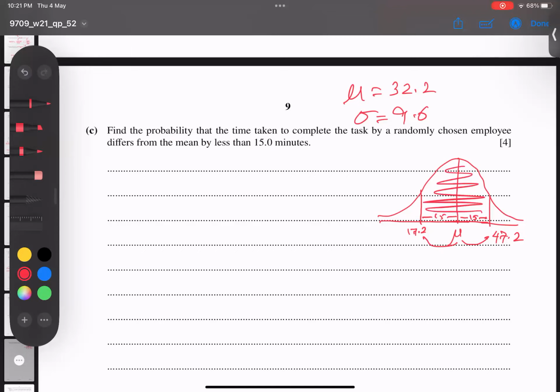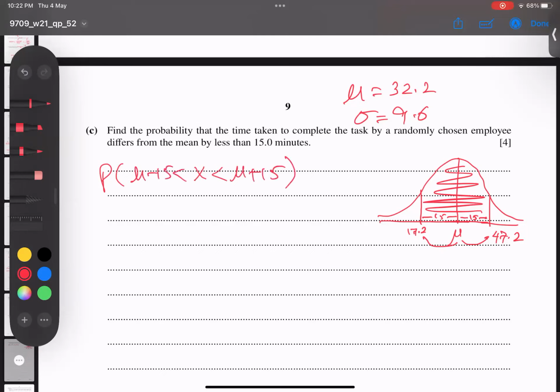Okay, students, what is the technique to do this kind of question? The technique is simple now. Before it was harder, but now it's simple. What he's saying is mean plus 15 and mean minus 15.